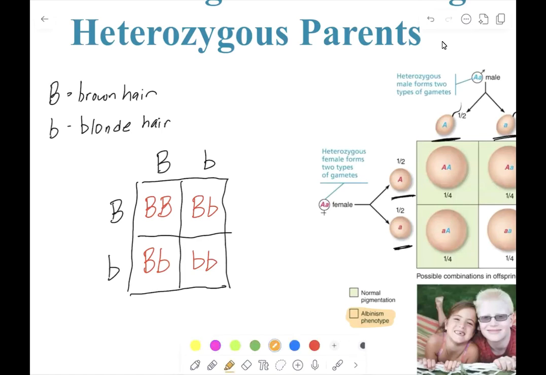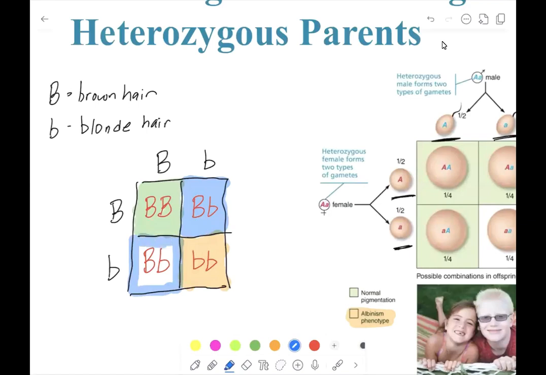Here again, you can see that 25% of the time the genotype would be homozygous recessive. 25% of the time, the genotype would be homozygous dominant. And then 50% of the time, the genotype would be heterozygous.